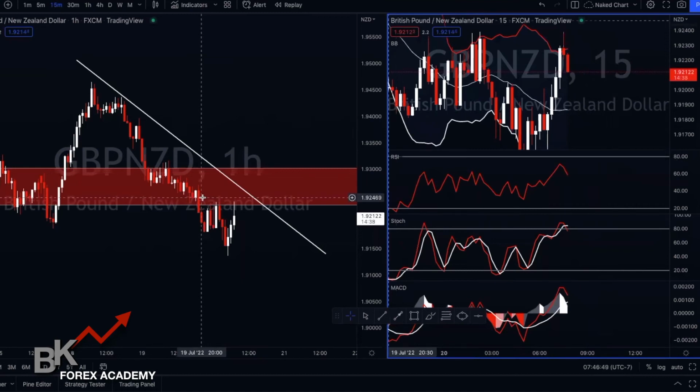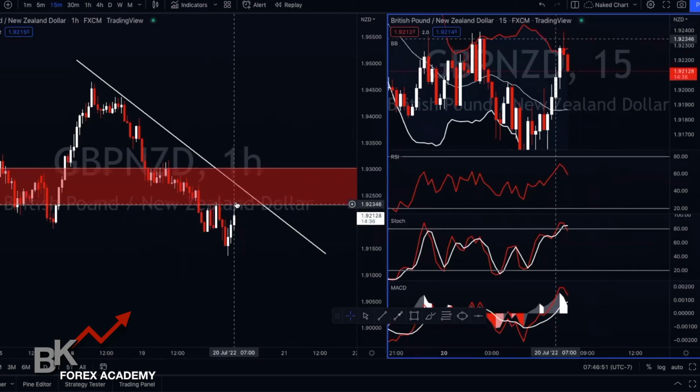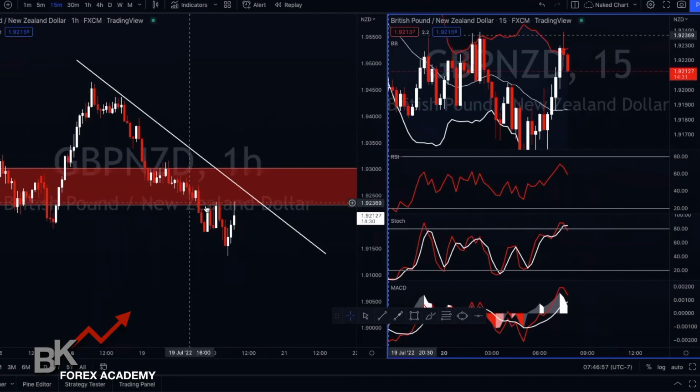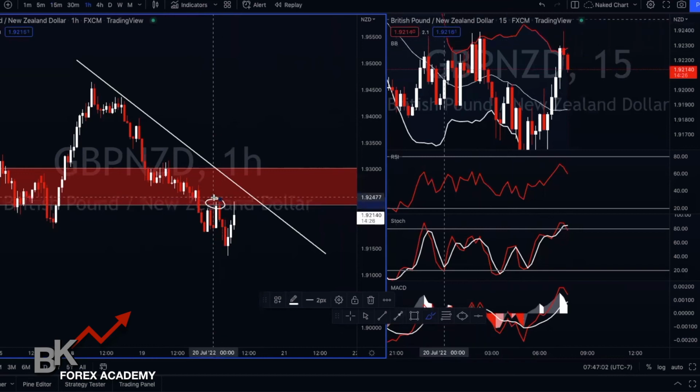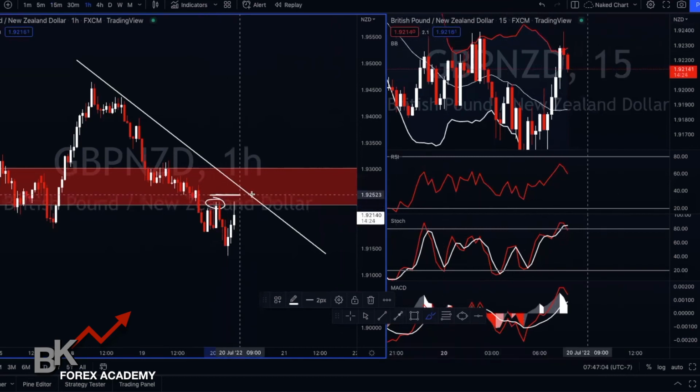Now, as far as your risks, if we're scalping, we could be very conservative. This is a GBP pair, so understand that these pairs wick pretty aggressively. But if this follows the 1 hour structure, and we know that this is our previous 1 hour resistance, it really shouldn't break above that, right?